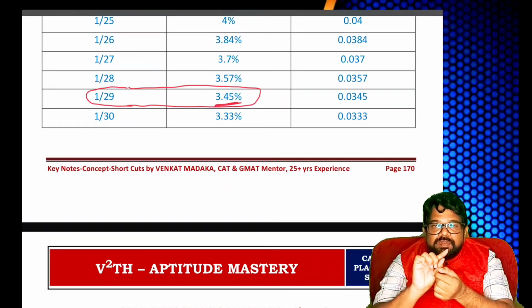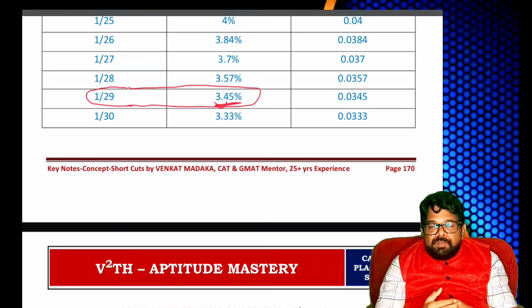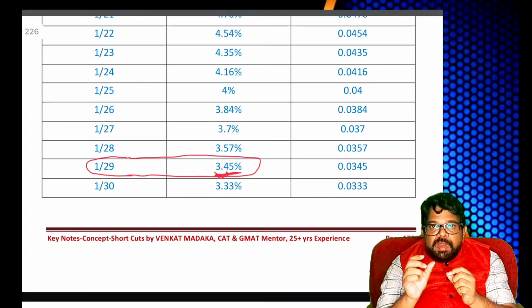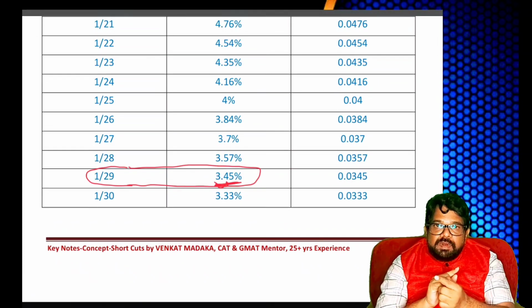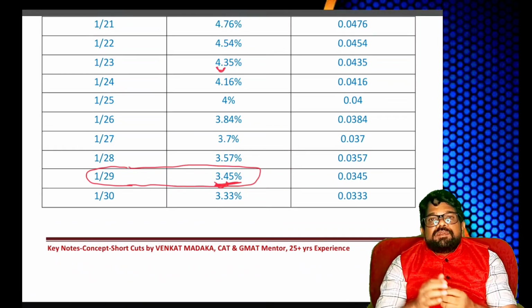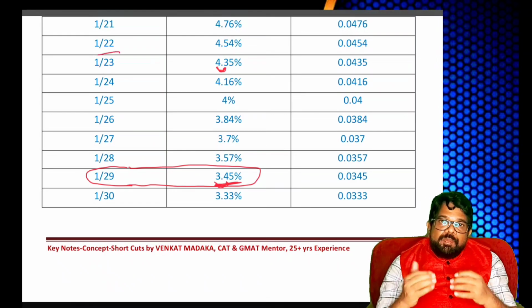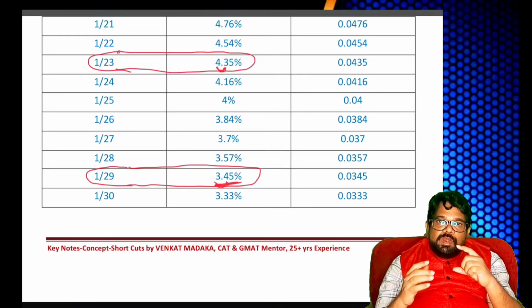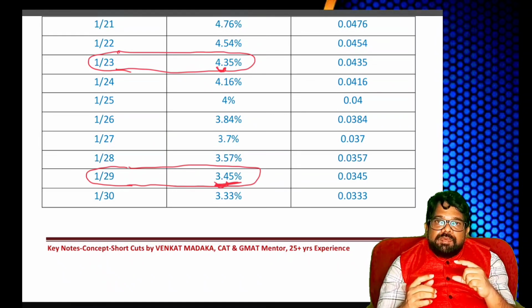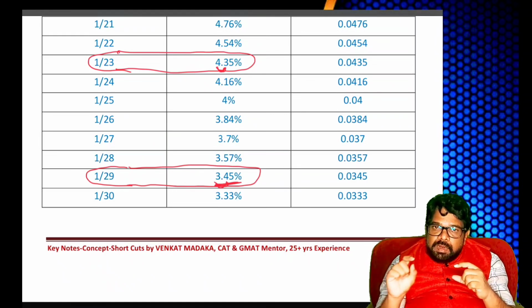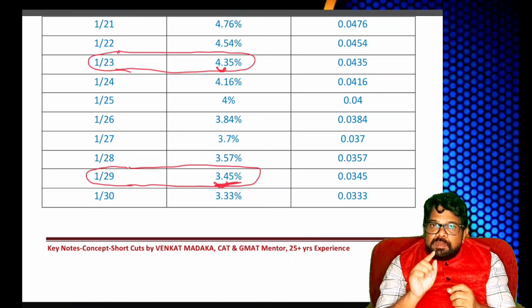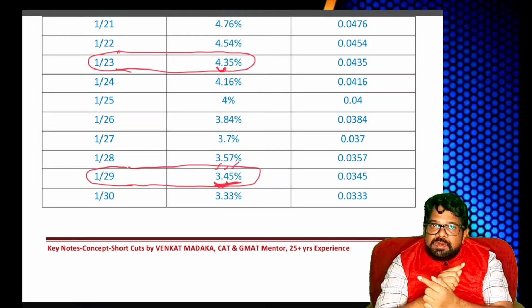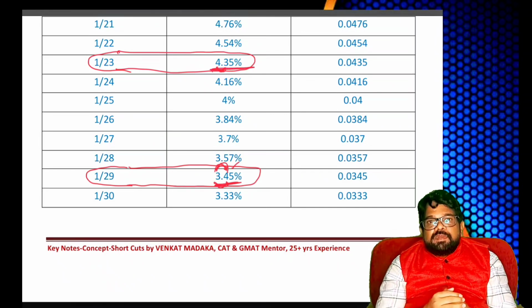If the first two digits are reversed, you get 1 by 23, which is 4.35%. Understood? 1 by 23 and 1 by 29, remember very easily.